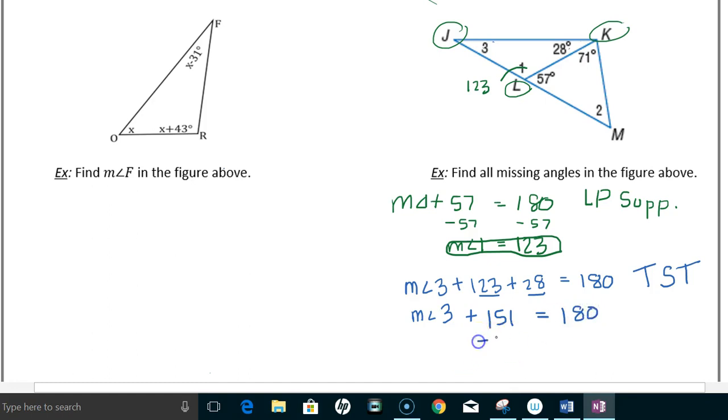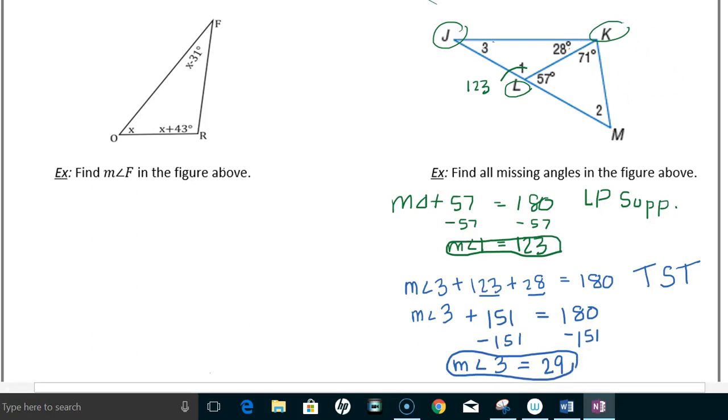So if I subtract 151 from both sides, I'll isolate the measure of angle 3. So the measure of angle 3 is equal to, 150 from 180 is 30. I took one more away, so it's 29. So the measure of angle 3 is 29.